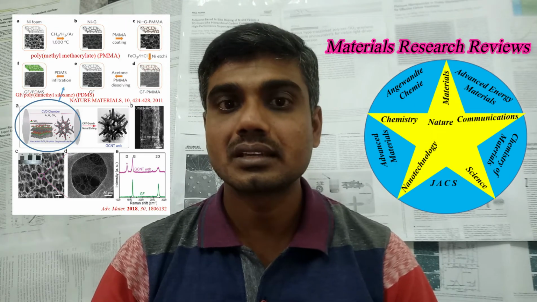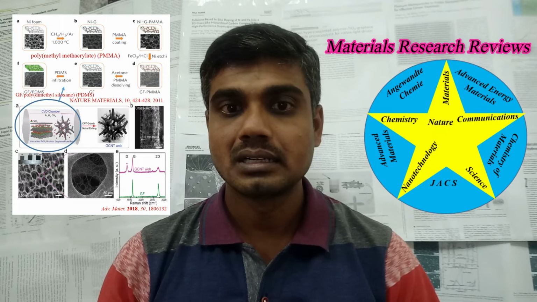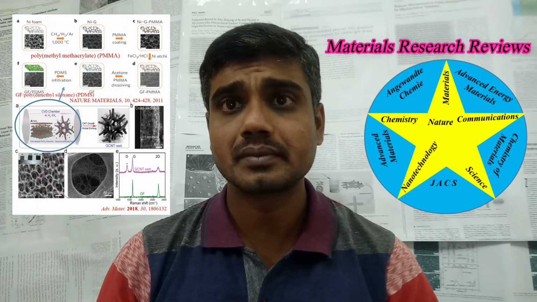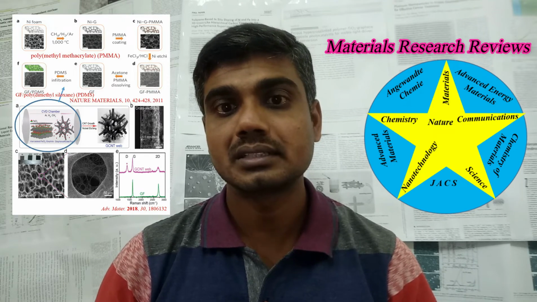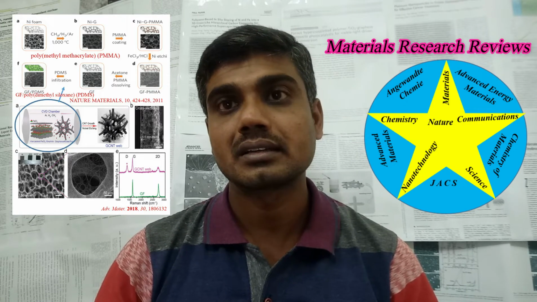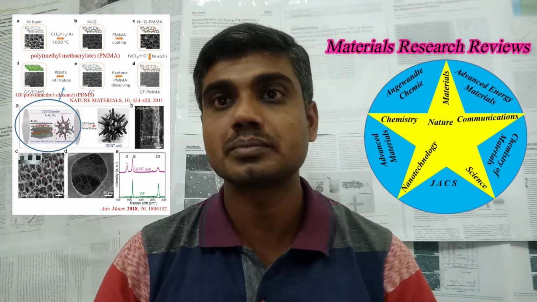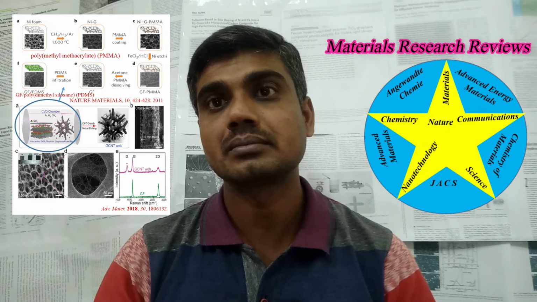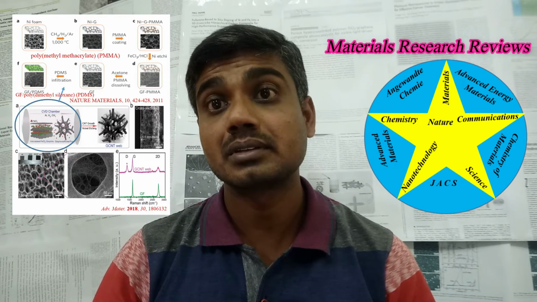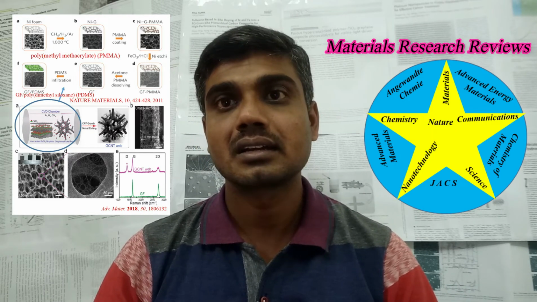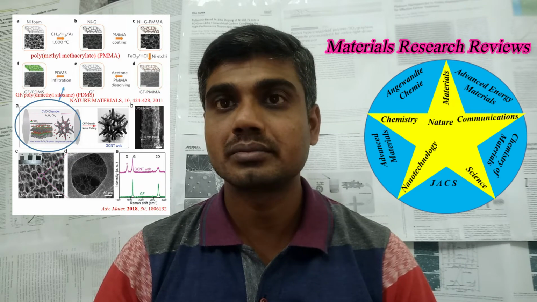After that, in the second step, this foam again goes into argon, nitrogen and methane at high temperature. Here, on the graphene foam side, it will form carbon nanotubes. They call this structure the graphene carbon nanotube web.